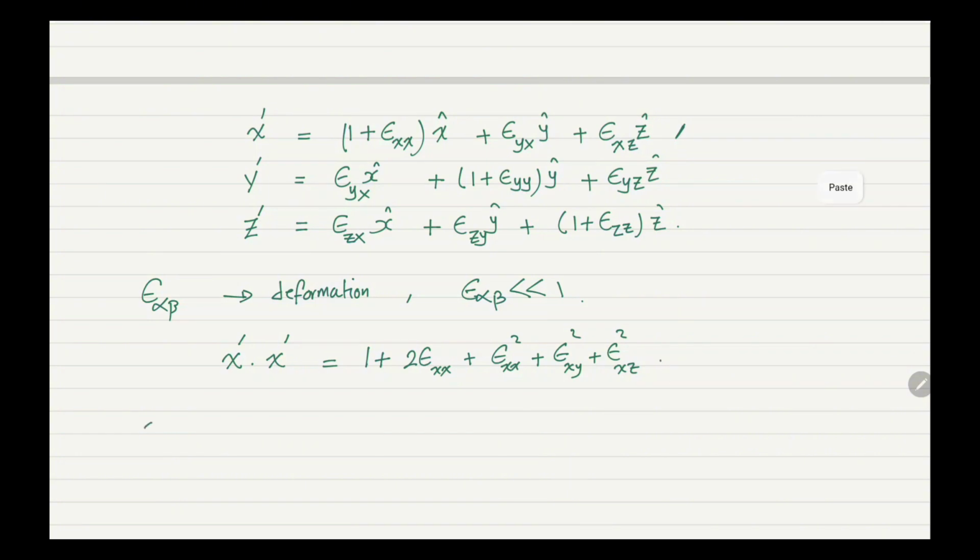Now x prime is approximately equal to 1 plus epsilon xx, and so on, and the fractional changes of length of the x hat, y hat, z hat are epsilon xx, epsilon yy, epsilon zz to the first order.